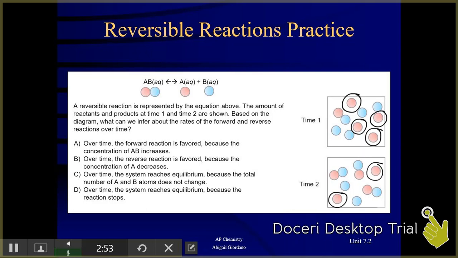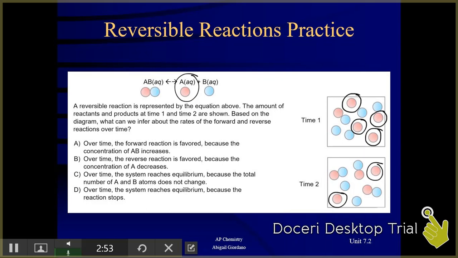A is one of my products, and between time 1 and 2, I can see that this product is decreasing. There's less of it. And by the way, I didn't have to choose letter A. I could have chosen to look at how many blue particles there are, or how many AB particles there are.